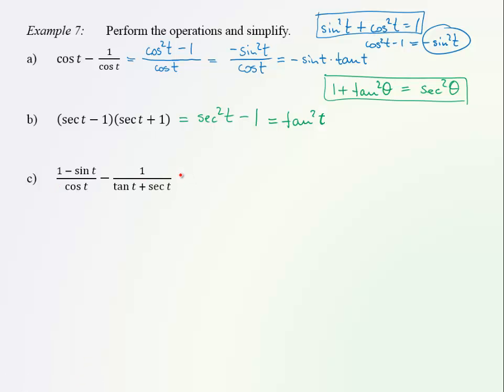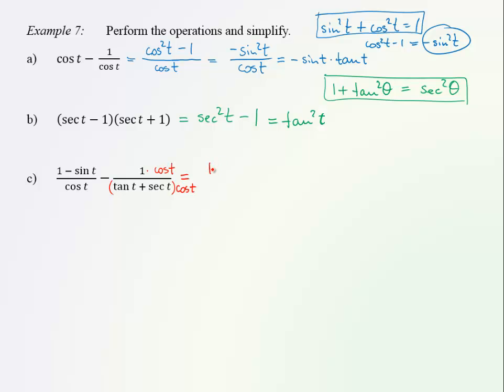And the last example, again, we have two fractions, we need a common denominator, but I would prefer to have everything in terms of sine and cosine. So what we could do is multiply this fraction by cosine in the top and in the bottom. Why cosine? Because tangent is sine over cosine and secant is 1 over cosine, so the cosine from the denominator will be cancelled.